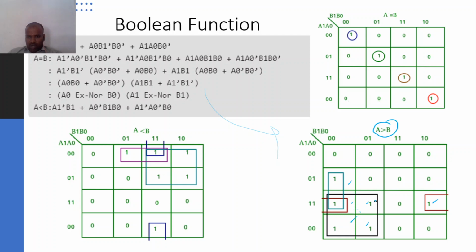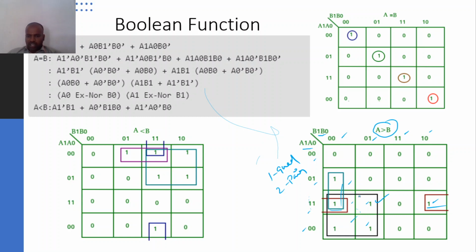This is one quad, and this one pair, and these two are 1 1, so totally 1 quad and 2 pairs are possible for A greater than B. So this side I'm going to take a1 a0 and this side b1 b0, then 0 0, 0 1, 1 1, 1 0, and similarly here also 0 0, 0 1, 1 1 and 1 0.